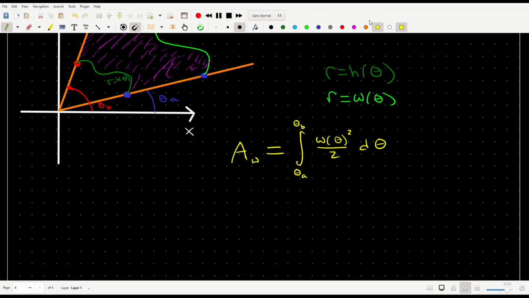And the area bounded by h of theta is the integral from theta a to theta b of h of theta squared over 2 d theta.